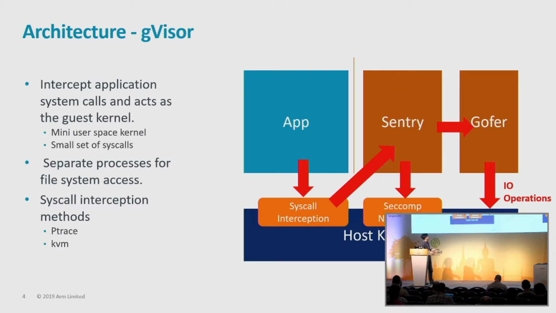So let me introduce something about the architecture of gVisor. Please see this page. It's the isolation architecture of gVisor container. Basically, gVisor is more lightweight than a virtual machine, but it can provide the same level of strong isolation as a virtual machine.